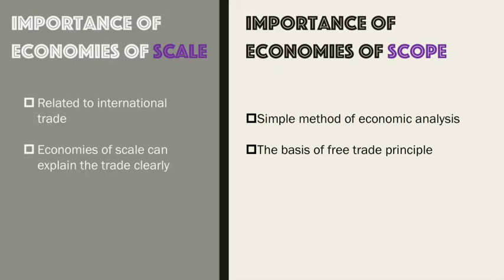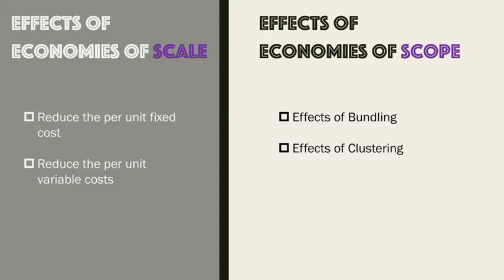For the economics of scale, first, it reduces per unit fixed cost. Then, as production increases, the fixed cost gets spread over more outputs. Also, it brings down the per unit variable cost when the expanded scale of production increases the efficiency of production.